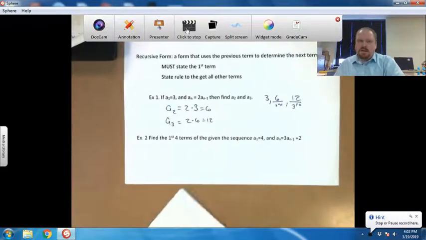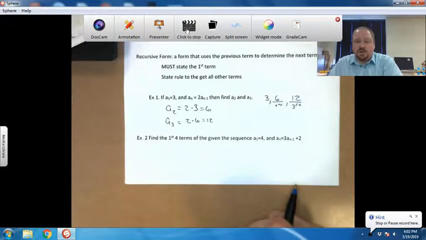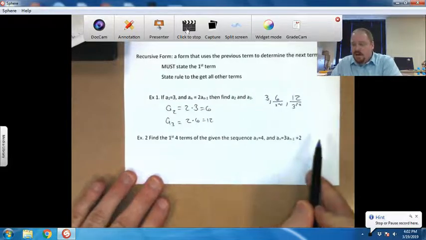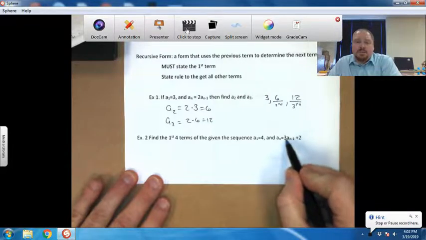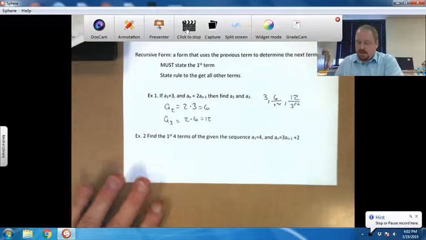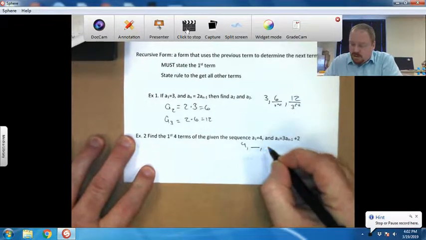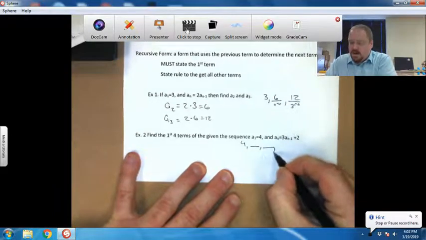All right, so now I want to find the first 4 terms of a sequence if I know that a sub 1 is 4, and to get the next number, I want to do 3 times the number to the left plus 2 more. All right, so I want the first 4 terms. So 1, 2, 3, 4.